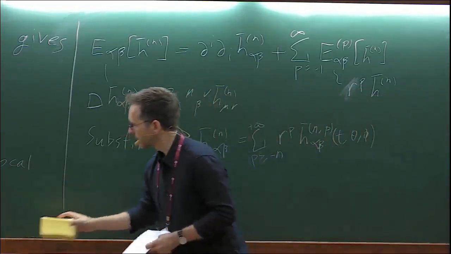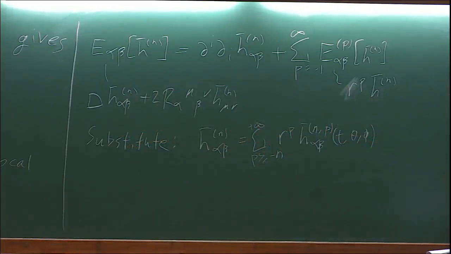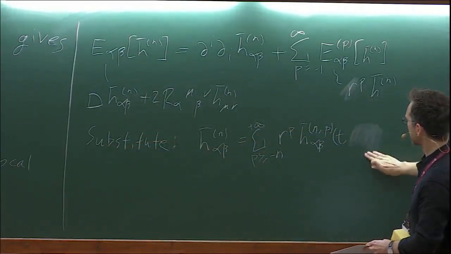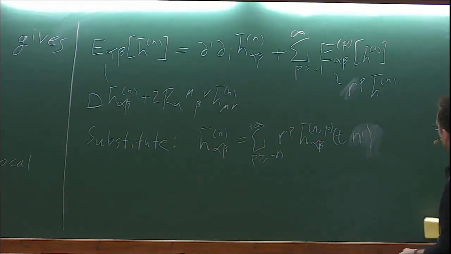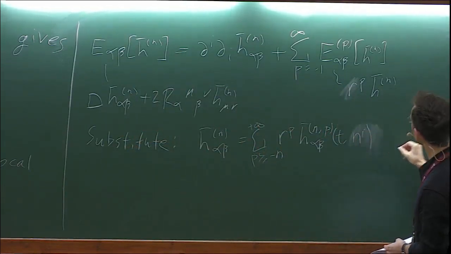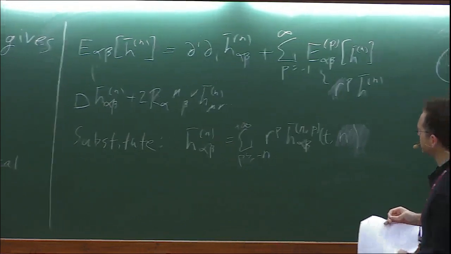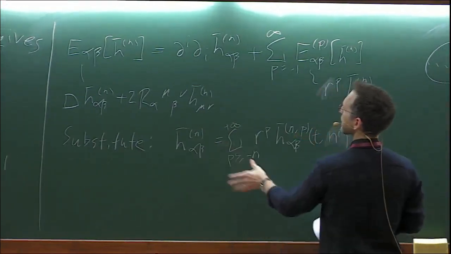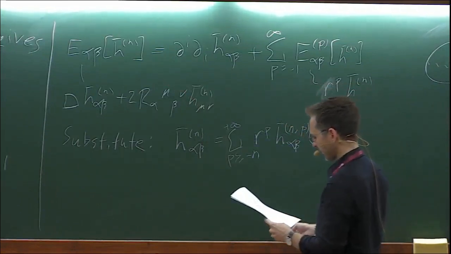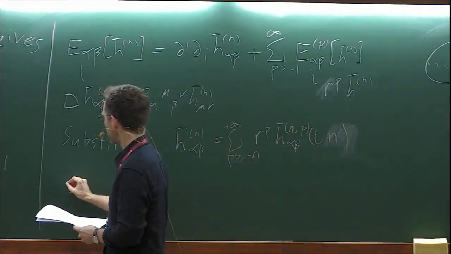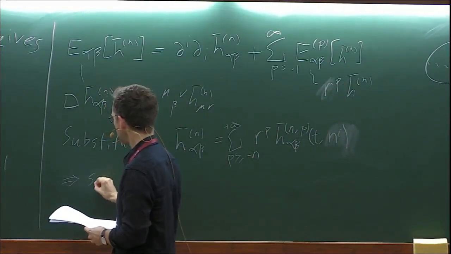But you can always replace the dependence on theta phi with a dependence on the unit vector n. So remember in the tutorial, I said that the unit vector n is just selecting an angle on the sphere. So we can always replace dependence on theta phi with a dependence on the unit vector. Okay, so we substitute this into this operator. This gives us a sequence of Poisson equations.